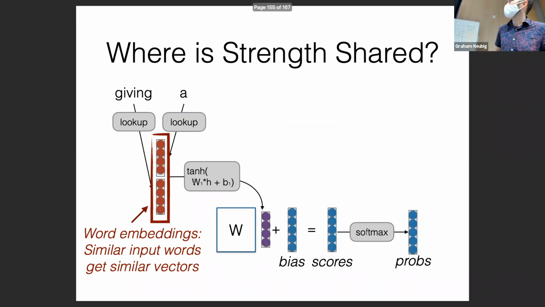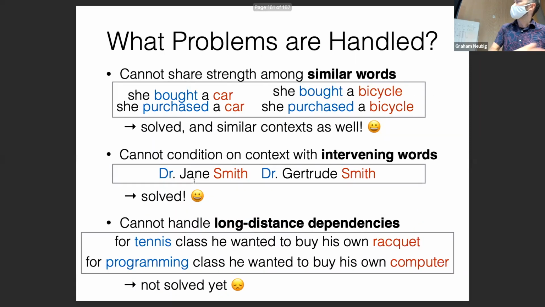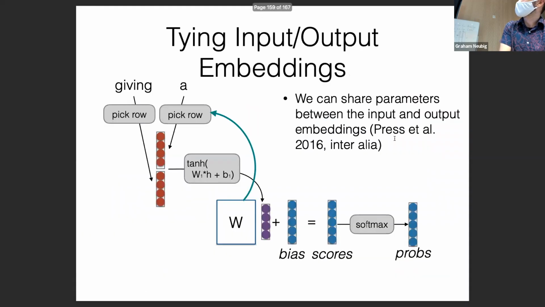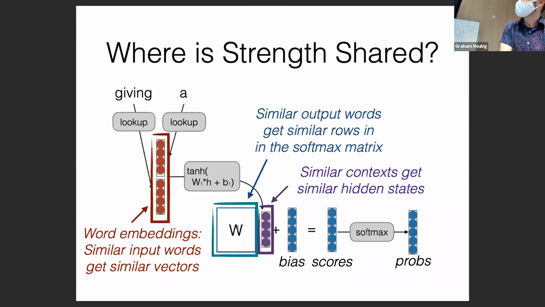We talked a little bit before about how bicycle and car might appear in similar contexts. So if things appear in similar contexts, the words in the softmax matrix here might have similar values as well. And also similar contexts will get similar hidden states.